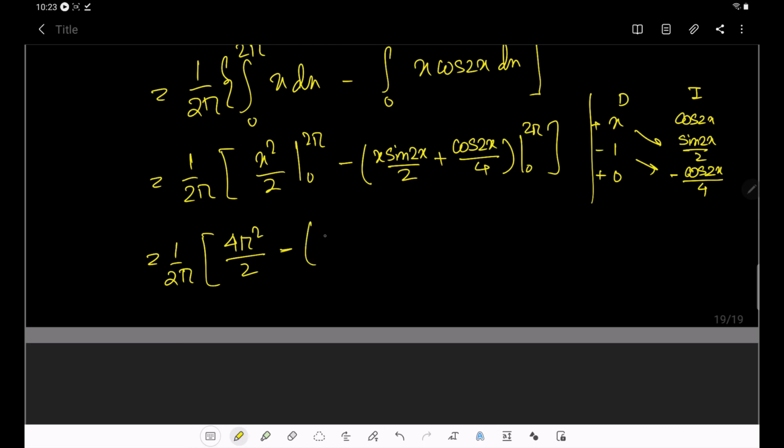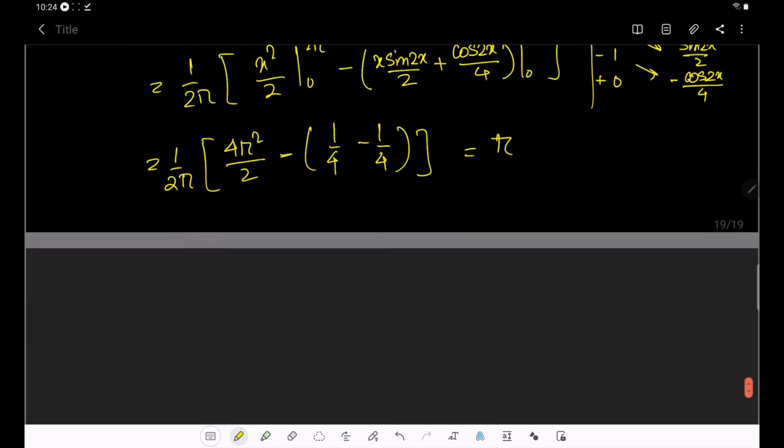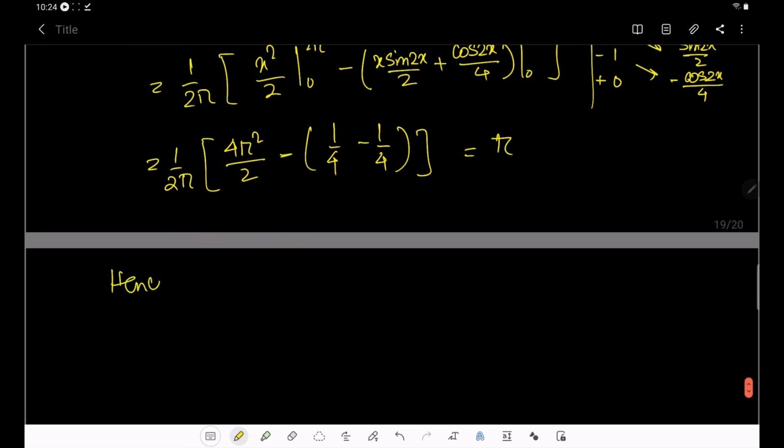So we can write cos of 2 pi, that is 1. We can simply write 1 by 4, and for 0 it will be again 0, but this would be minus 1 by 4. So ultimately we are getting pi. So hence b1 is equal to pi.